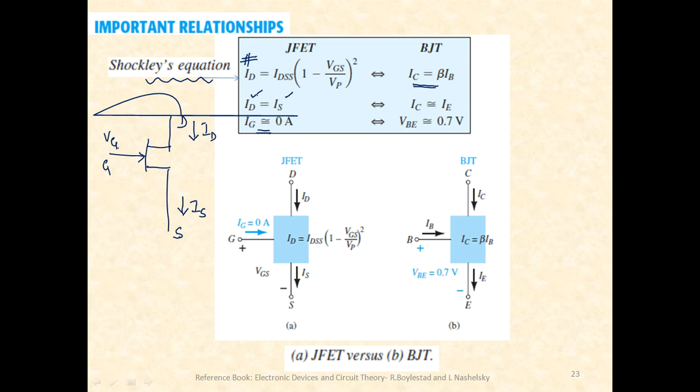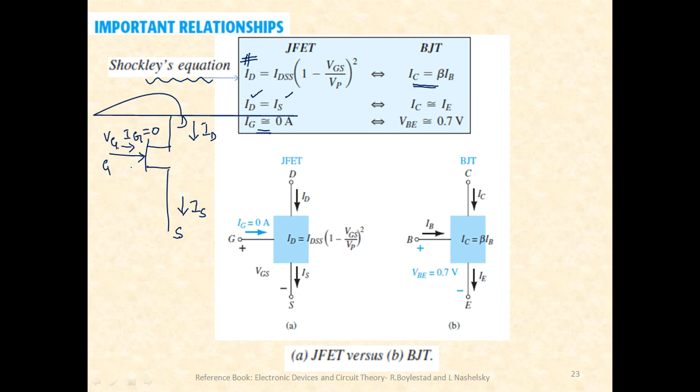So the equation says drain current equals source current. Then will there be any gate current here, IG? I am asking students, will there be any gate current? The answer is no. The gate current will be equal to 0, because FET is not a current controlled device.